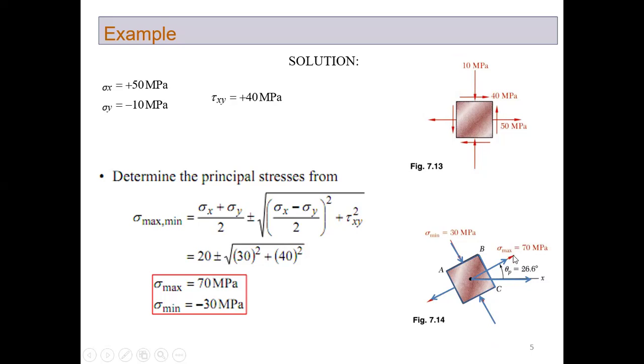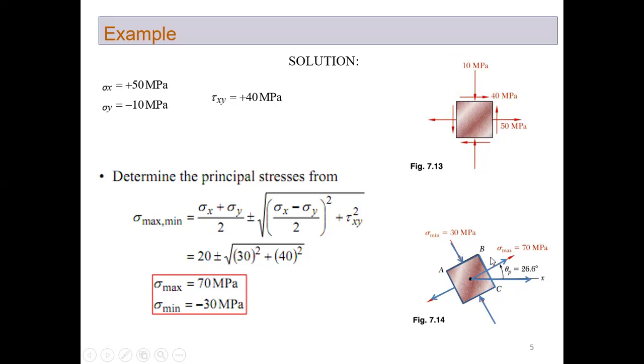This is one of the principal axes, and this is the second principal axis. The second principal axis is perpendicular to the first, so there is an angle of 90 degrees between these two axes. This angle we have already calculated as 26.6 degrees, and the angle which our second principal axis is making is this one.